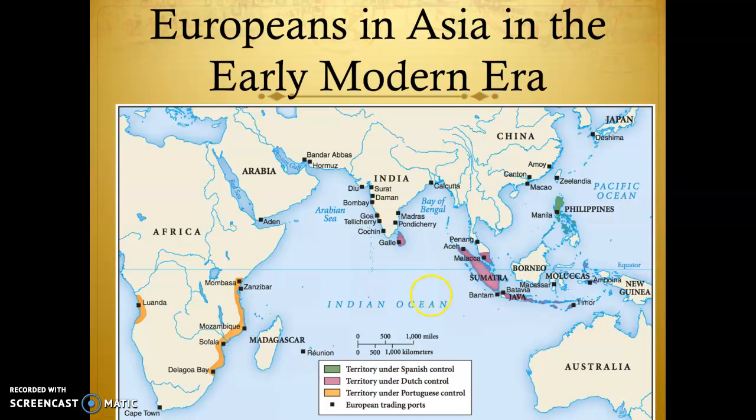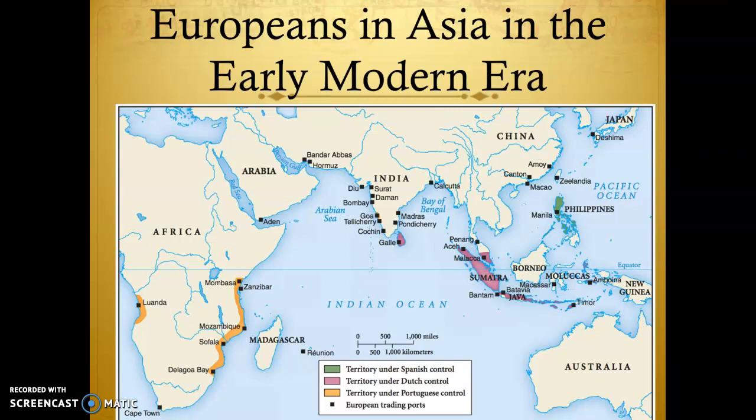And some of the control over the Spice Islands becomes really key. And we see the Dutch on this map in significant places like Indonesia, Batavia, it becomes kind of their headquarters in a sense. And we also see the Spanish in the Philippines.